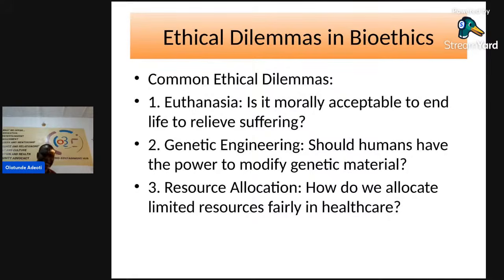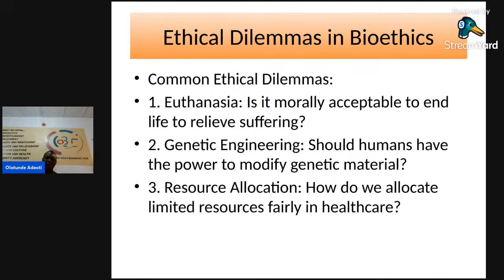So what we are saying in essence is that it is part of the ethical dilemmas in bioethics, that up to today there are some people who call it haram to feed on or use genetically modified crops. They believe it. So it is part of the confusing state that we have.